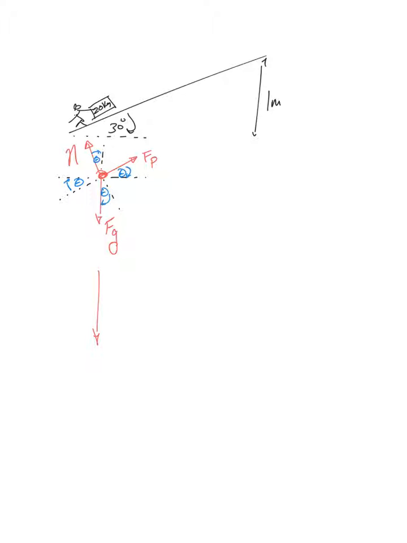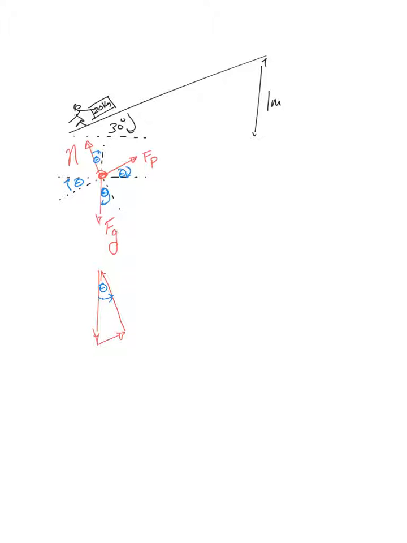And actually, I'm going to redraw that one too. So normal is going to come up like that. The force of person will be maybe like that, right? And you can see that this angle here on my diagram is this angle here, right?